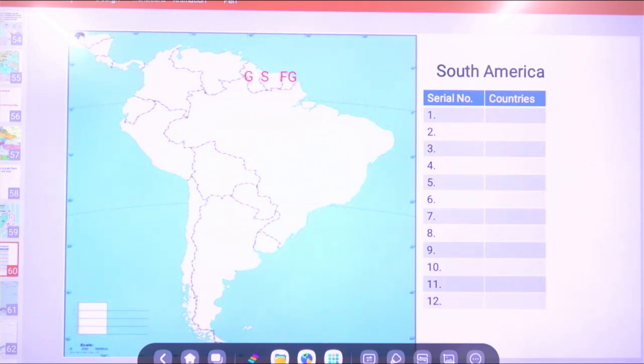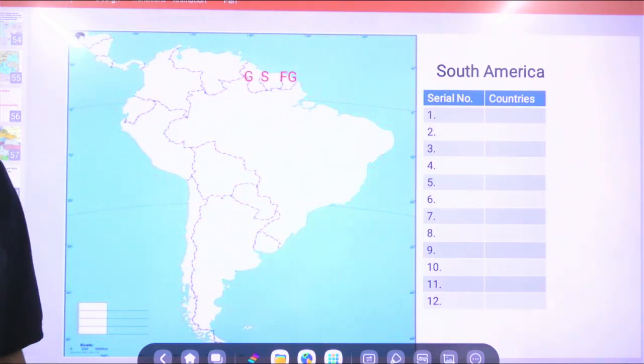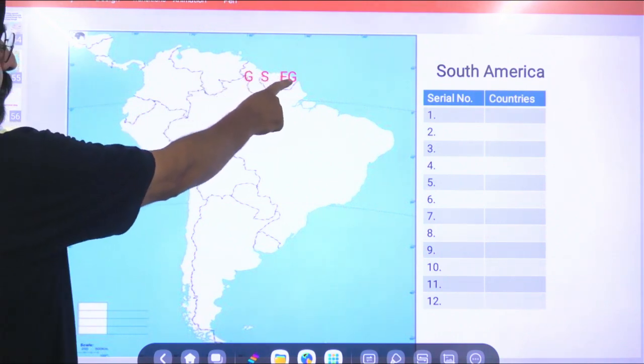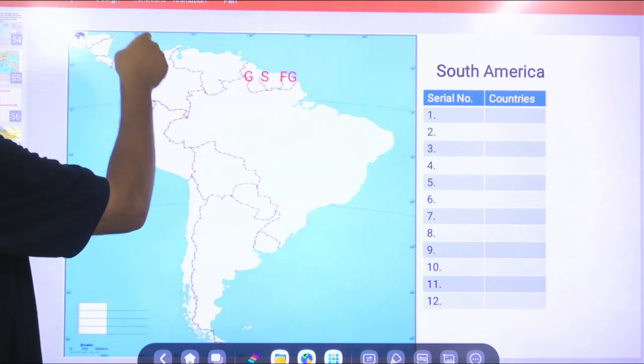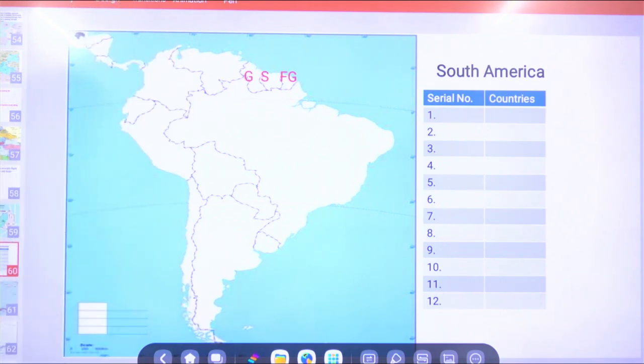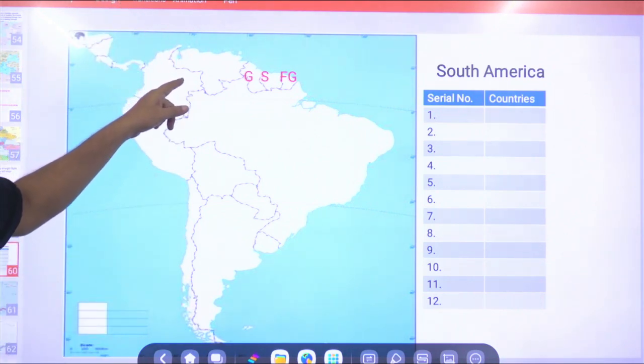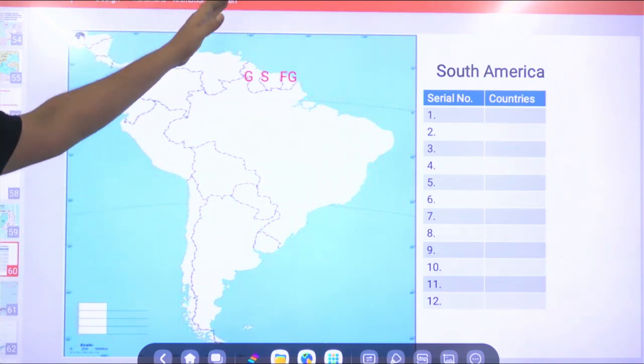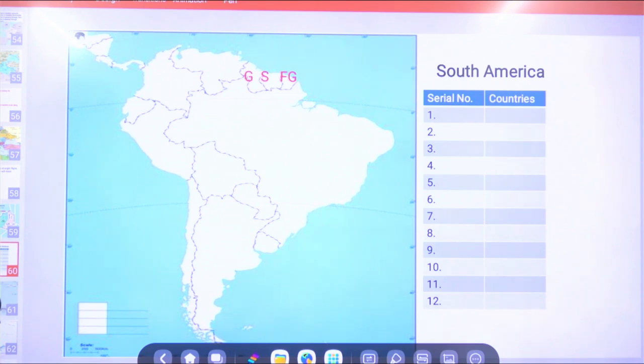Now here we have to understand the locations of all the South American countries. We have French Guiana, Suriname, Guyana. We have Venezuela, Colombia. This has been asked in the paper. Which of the following countries shares coastline with the Atlantic Ocean and with the Pacific Ocean? This is Colombia.